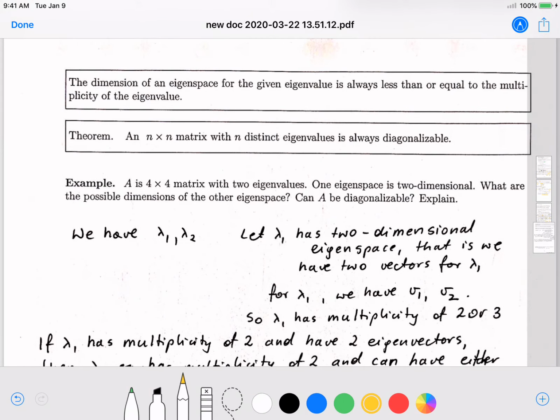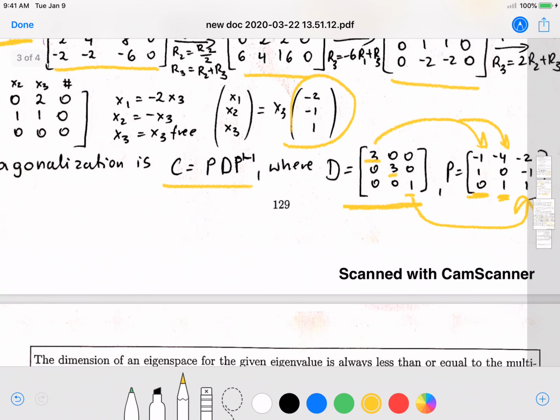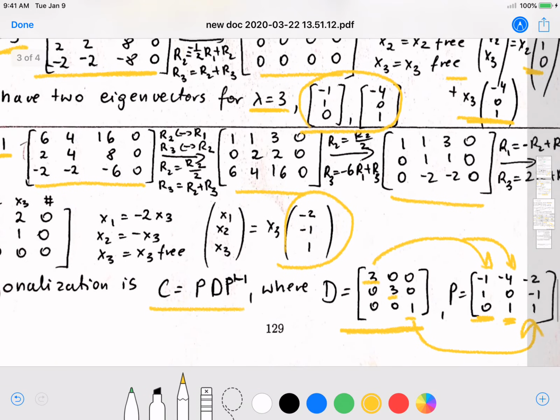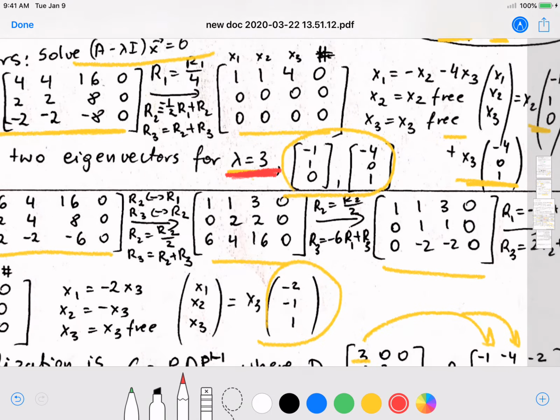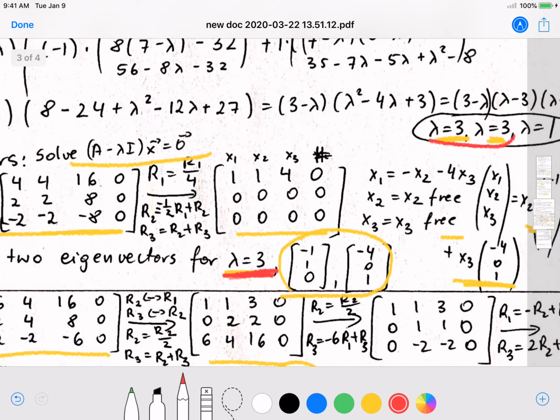So a couple of properties. The dimension of an eigenspace for the given eigenvalue is always less than or equal to the multiplicity of the eigenvalue. Eigenspace means how many eigenvectors we can get. For this eigenvalue we had 2, because the eigenvalue was of multiplicity 2. If we look right here, the multiplicity is 2.